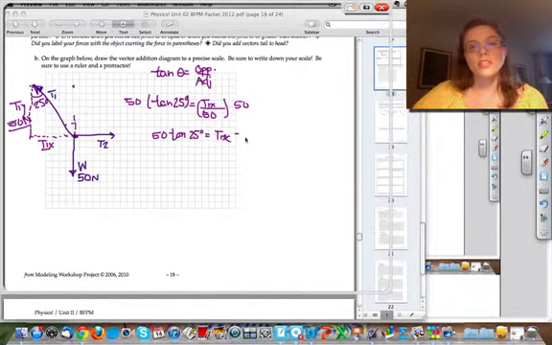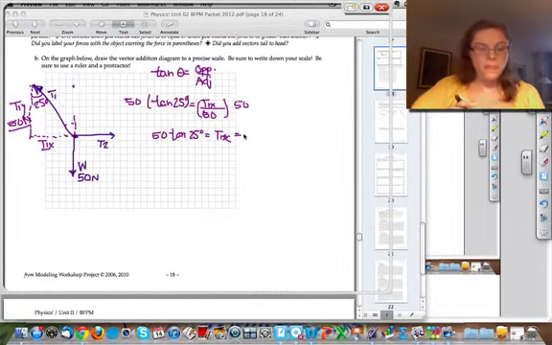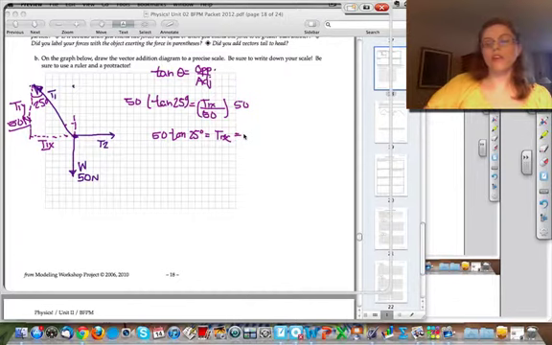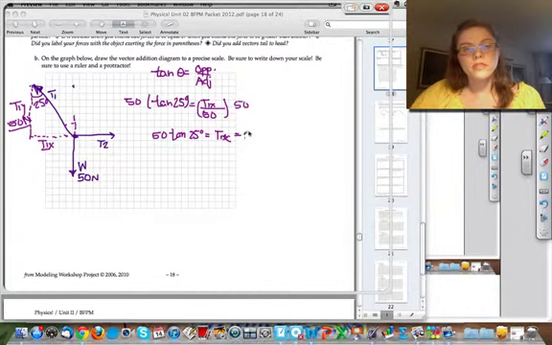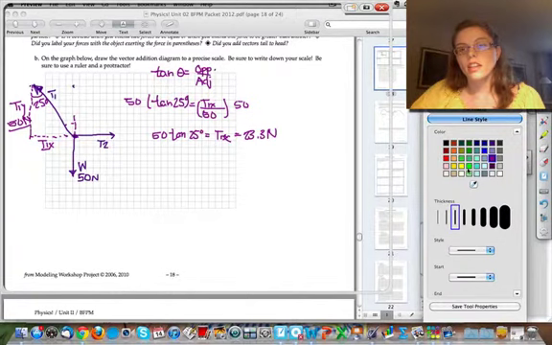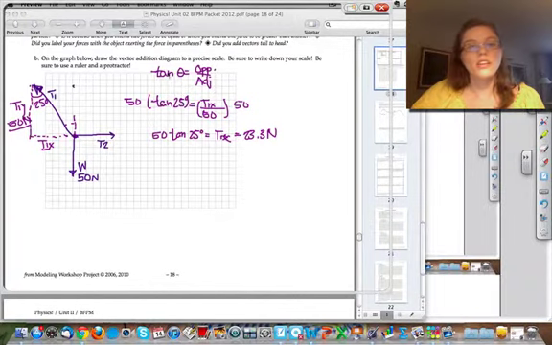And this is equal to 23.3. So if this left side is 23.3, that means the right side is 23.3.